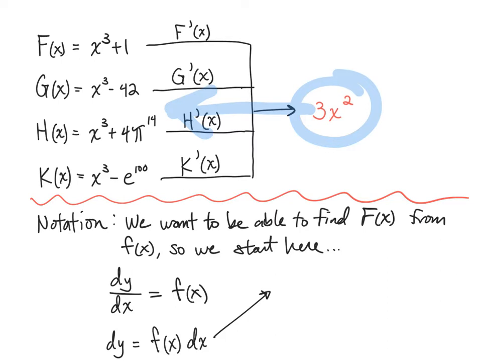If we had dy dx being the derivative, and I missed a prime here, this would be f prime of x. We could multiply both sides by dx, as I did here. So let me write that in actually. So we could multiply by dx, and we would end up with this equation here.